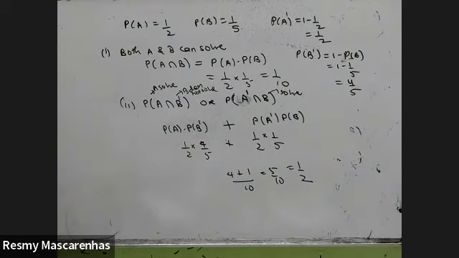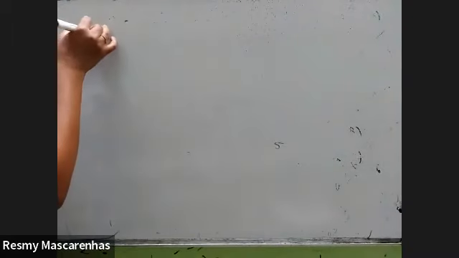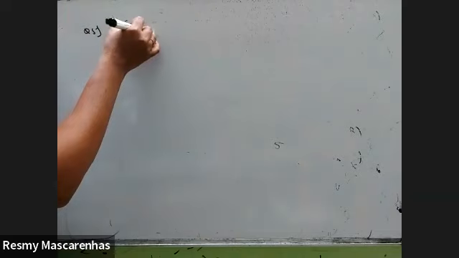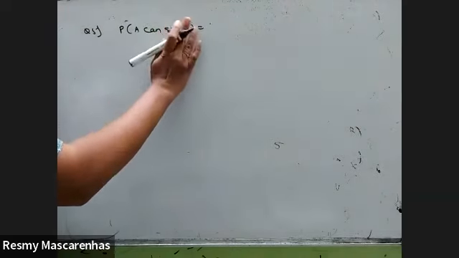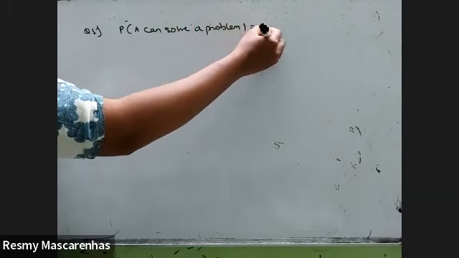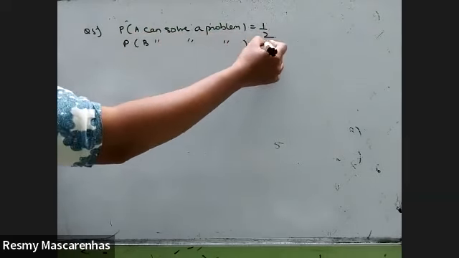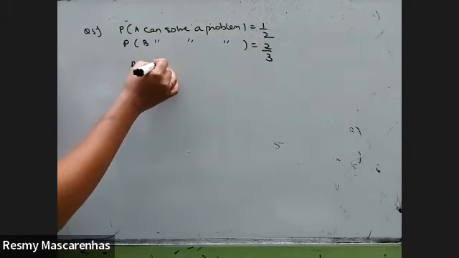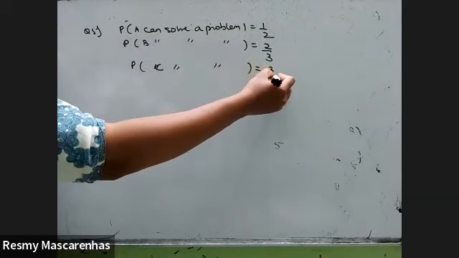Next one, question number 5. Probability that A can solve a problem is given, probability of B can solve a problem is given as 2 by 3. Probability that C can solve a problem is given as 3 by 4.